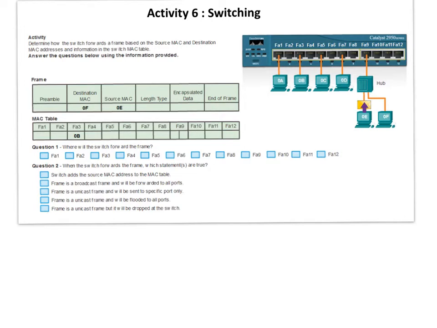For fragment-free switches, the switch stores the first 64 bytes, and then it checks that it stored them successfully and checks the destination address, then it forwards. Again, it does not check for errors, because the error information is in the frame check sequence, which is at the very last end of the frame. But when it stores the 64 bytes, it makes sure that there is no collision, at least.